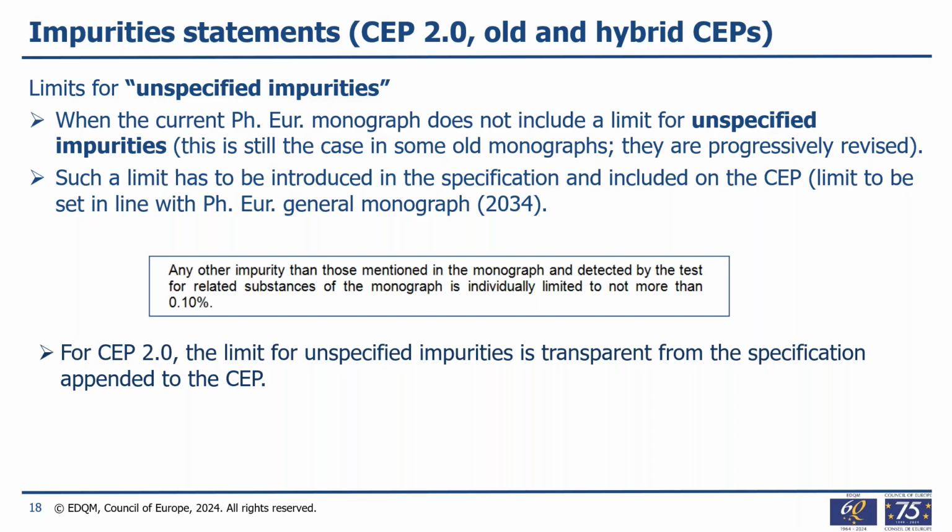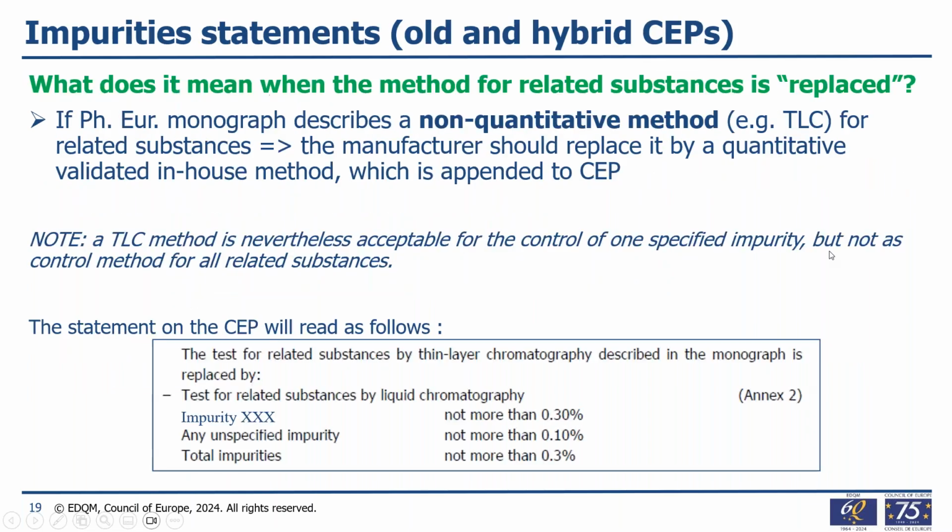They are progressively revised, but there are still this scenario for some files. For CEP 2.0, the statements on the impurities are not stated on the CEP, but the limits for unspecified impurities are transparent from the specification which is appended to the CEP, and this limit is included in any case in the specification.